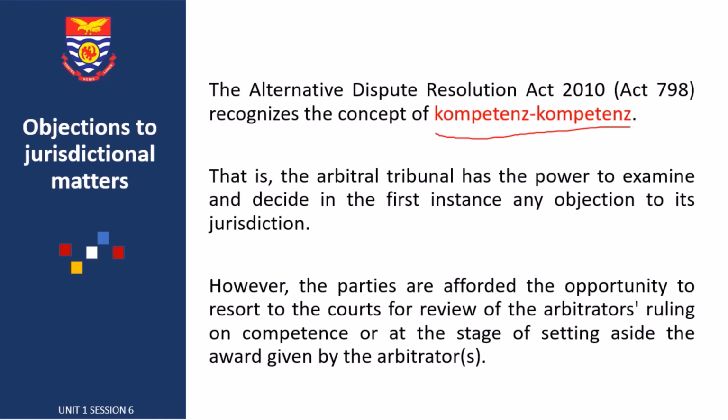So when you raise objection that, look, arbitral tribunal, you don't have jurisdiction to sit on the matter, the competence rule allows the arbitral tribunal to determine whether or not they have that power. So the arbitral tribunal has the power to examine and decide in the first instance any objection to their jurisdiction. So if someone says, look, arbitral tribunal, you don't have jurisdiction on this matter, the same arbitral tribunal has the right to decide whether or not they have the right to sit on the matter.